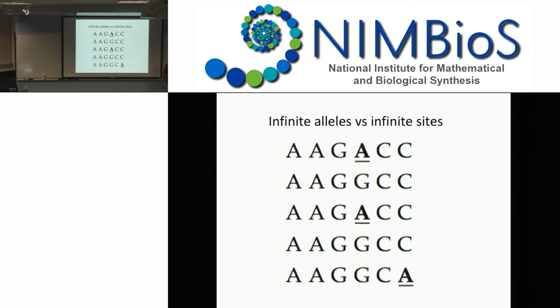The site frequency spectrum says, okay, now let's look at each site. So how many sites are present such that all the copies are the ancestral copy? Again, you've got to polarize it. So 4 sites all have the ancestral copy present.